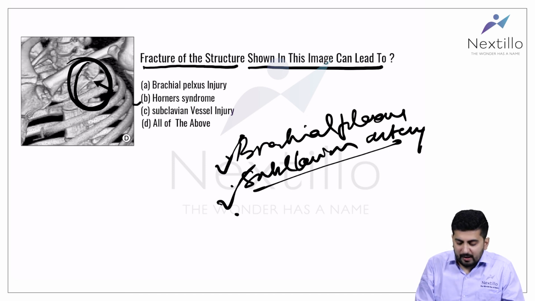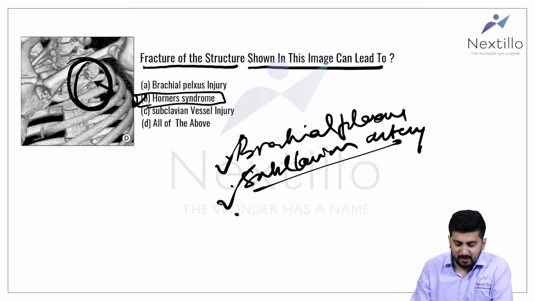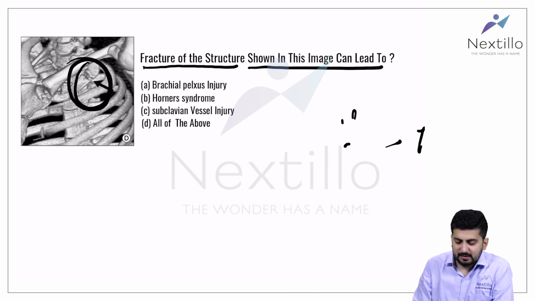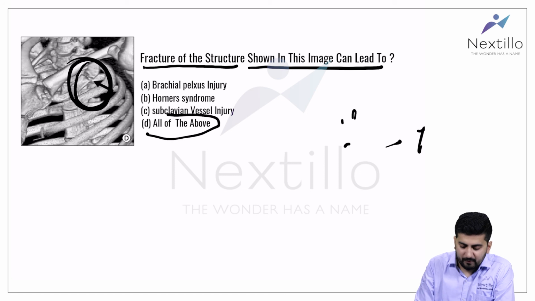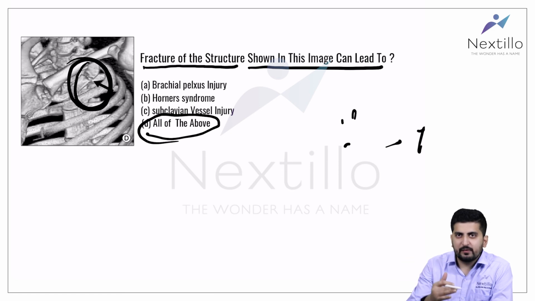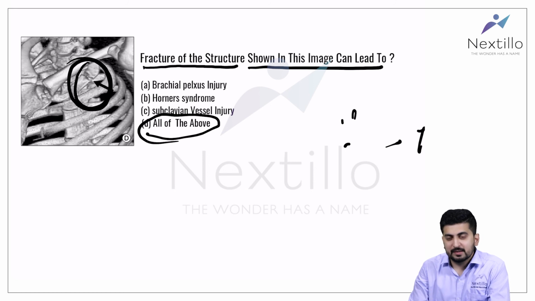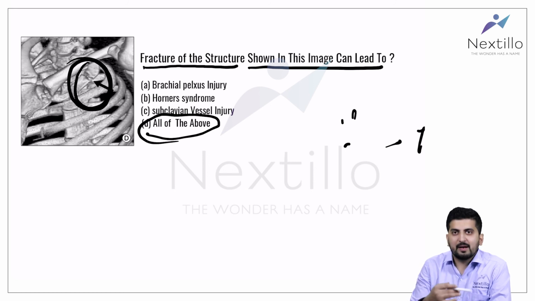Now, in first rib fractures, Horner syndrome is also a common association. So in this scenario, the best answer is all of the above. So a first rib fracture is usually a high velocity injury associated with other visceral injuries, as well as it can present with brachial plexus and subclavian vessel injury.